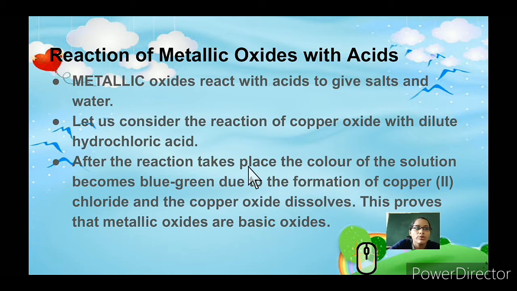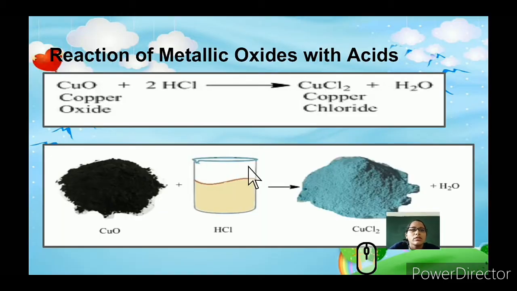So copper oxide plus hydrochloric acid gives copper chloride and the release of water. This also proves that metallic oxides are basic oxides. Whenever basic oxides are asked, there is another name: basic oxides are also known as metallic oxides, because when they react with acid, they give rise to salt and water.